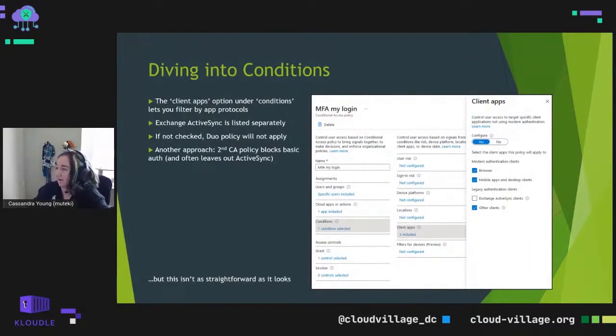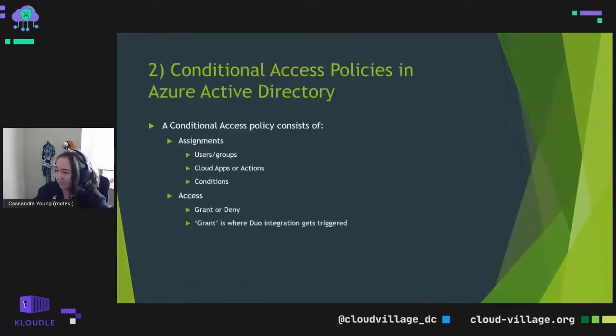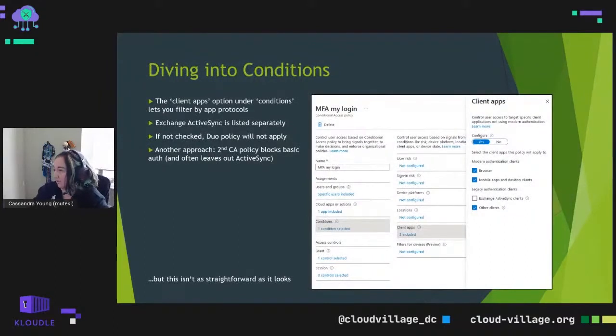So essentially, when you're configuring a conditional access policy, you have all of those previously listed assignments and access under the configuration in Azure Active Directory, in the security portion under conditional access. Importantly, when you have conditions, you have options to scope an action, a grant or deny, by something that you select, one of those things being client apps.